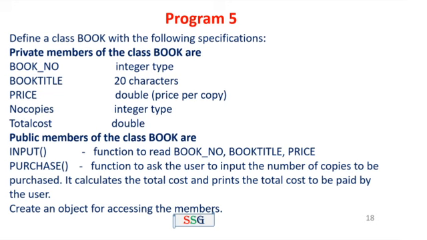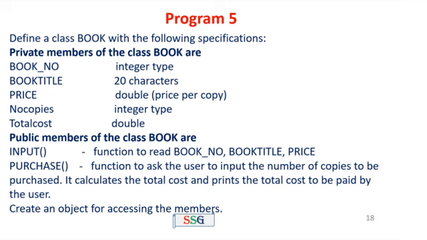This function asks the user to input the number of copies to be purchased. Then this function calculates the total cost, that is total cost equals number of copies into price per book, and prints the total cost to be paid by the user.